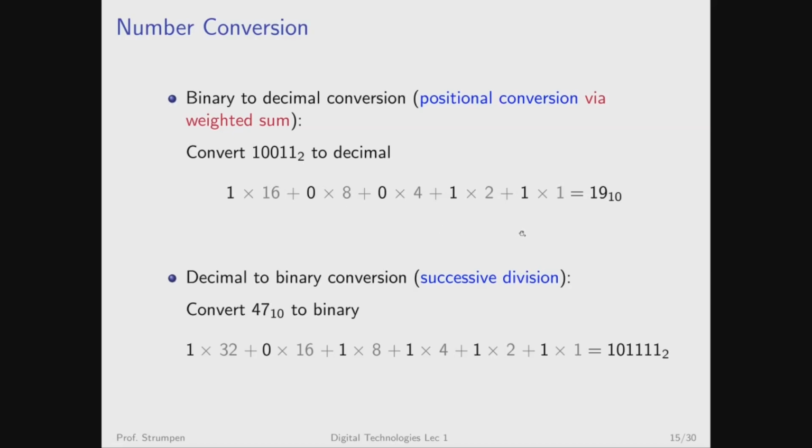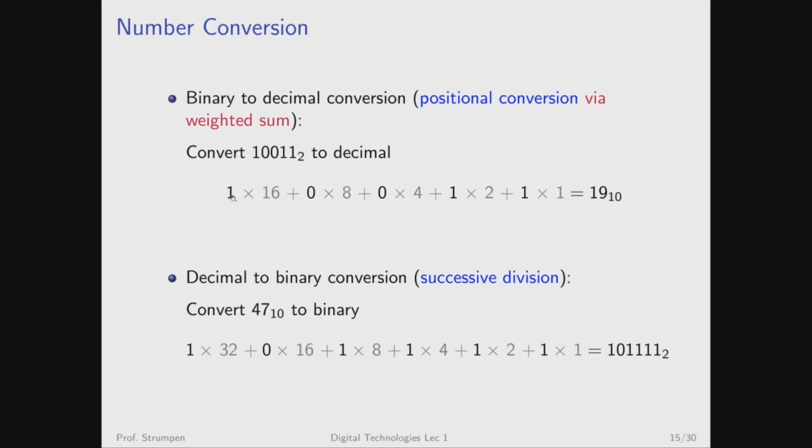And 2 to the 0, like anything to the 0, is value 1. The next bit is associated with position 1. 2 to the 1 is 2. The third bit 0 is associated with position 2. 2 to the 2 is 4. The next 0 with position 3. 2 to the 3 is 8.